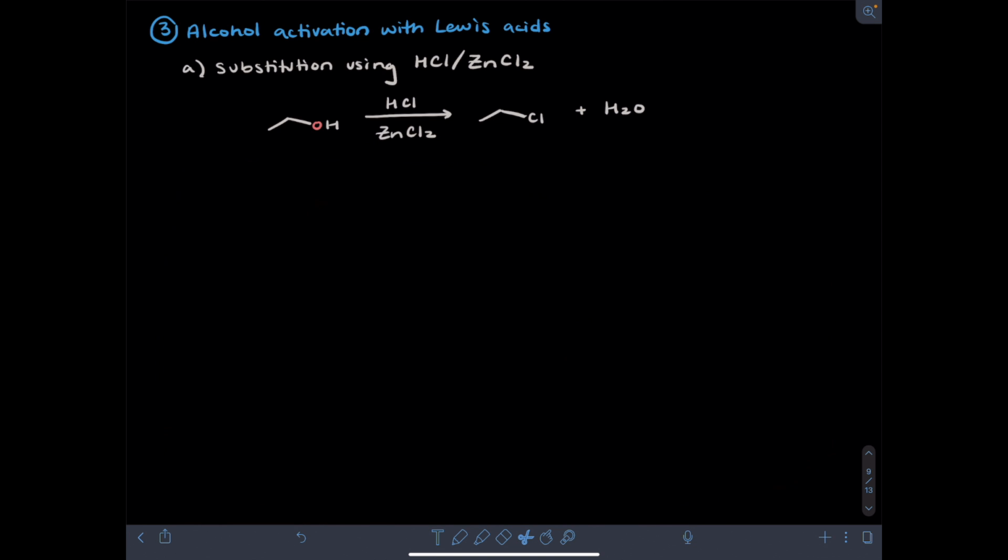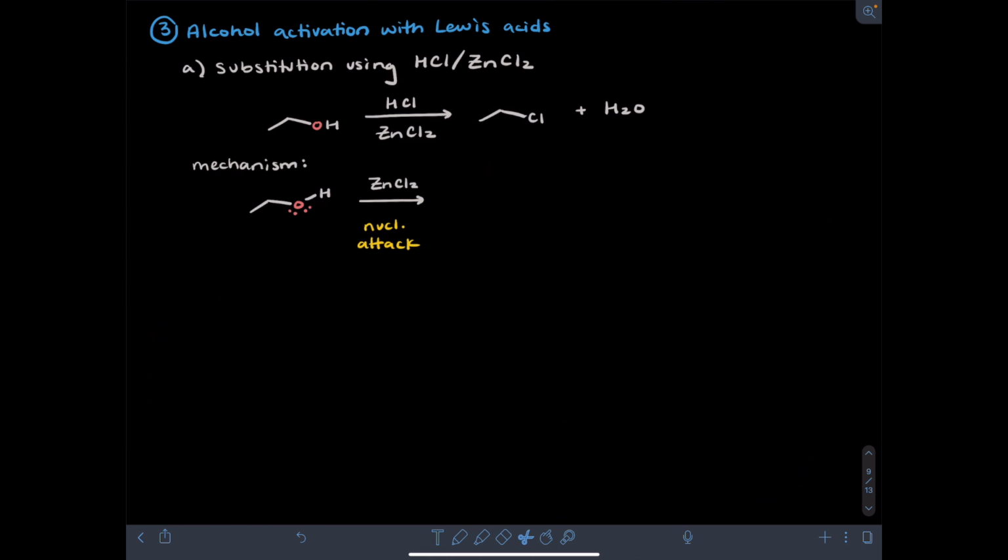Because chloride isn't as good of a nucleophile as bromide, a zinc catalyst is needed, zinc chloride. Our reagents here are our alcohol starting material, HCl and ZnCl2 in the same step, and this converts the alcohol into an alkyl chloride with water as a byproduct.